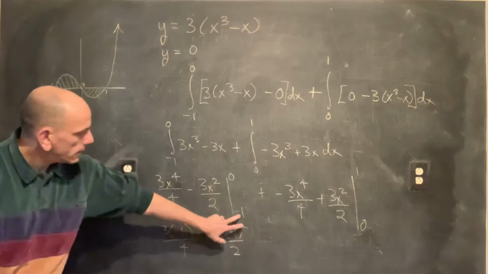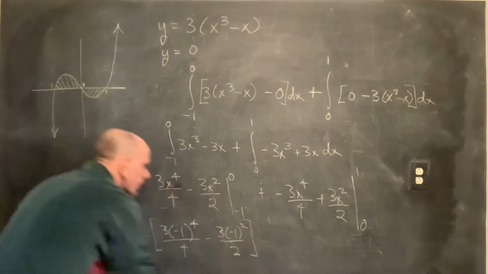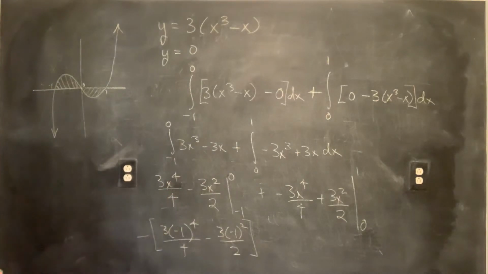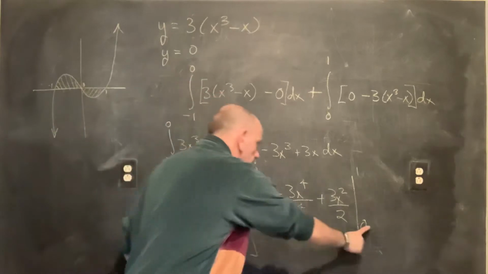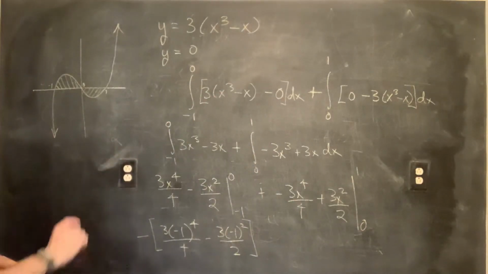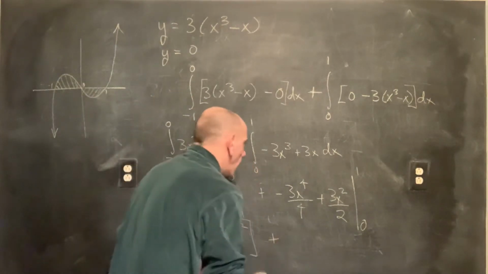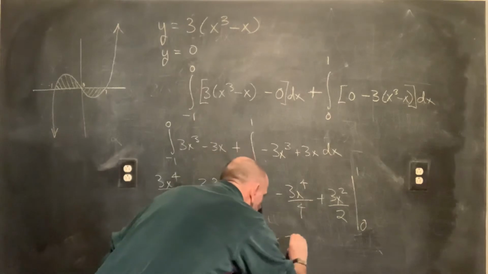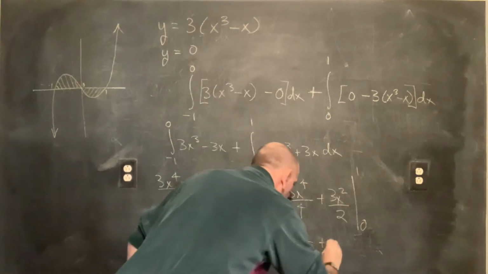All right, so I need a minus there, because it's 0 minus that. And over here, the second one will zero out since they both have an x in. So it'll just be minus 0, and all I need to do is evaluate at 1. Well, okay, that's minus 3/4, just evaluating at 1, plus 3/2.